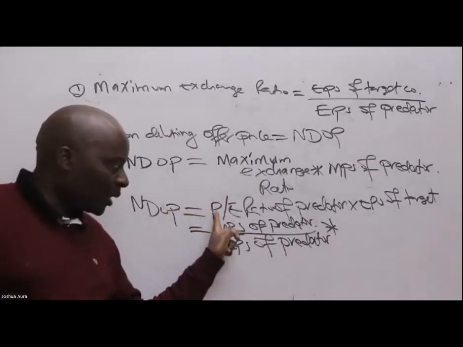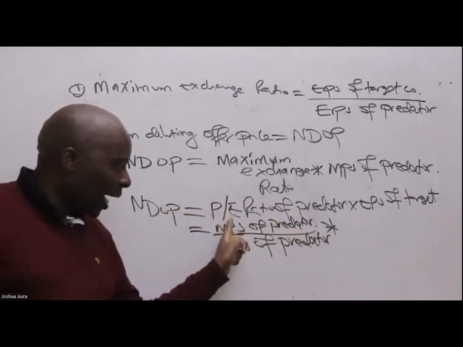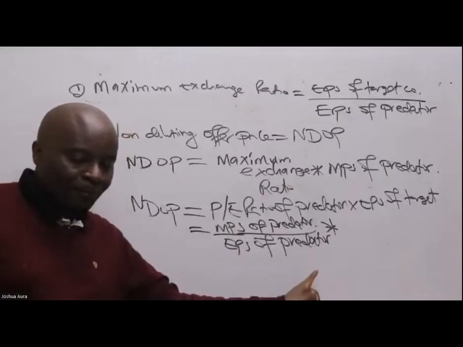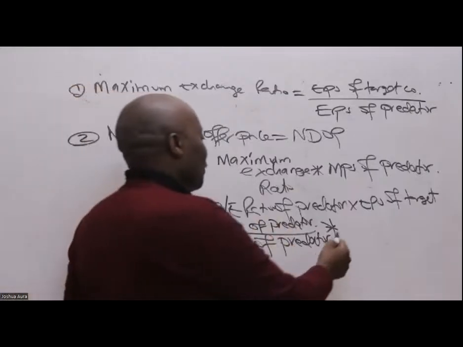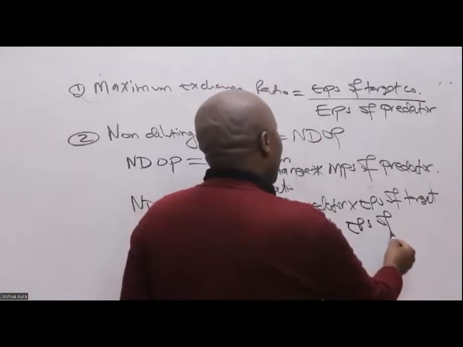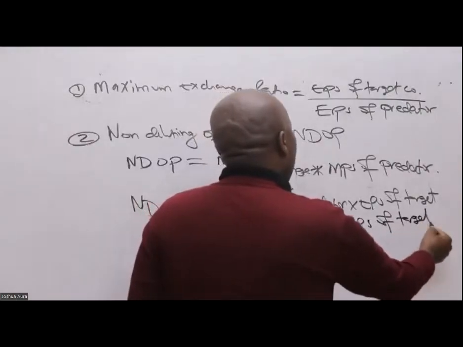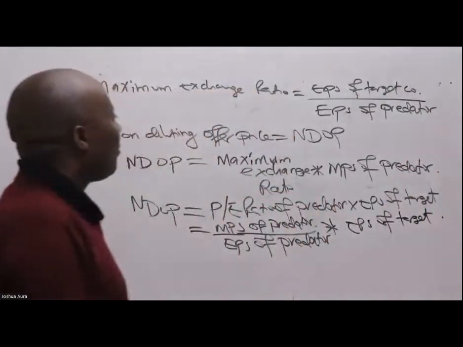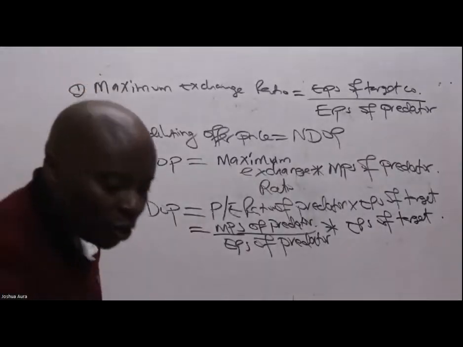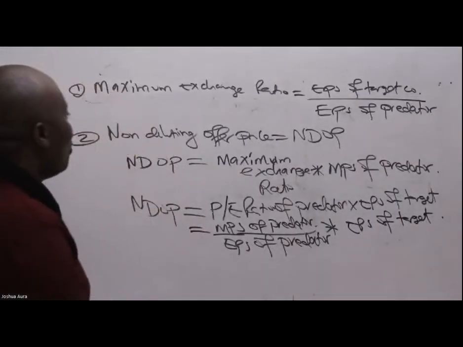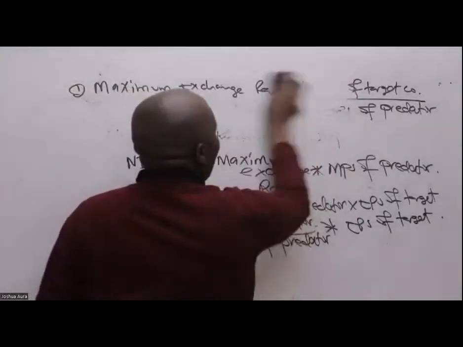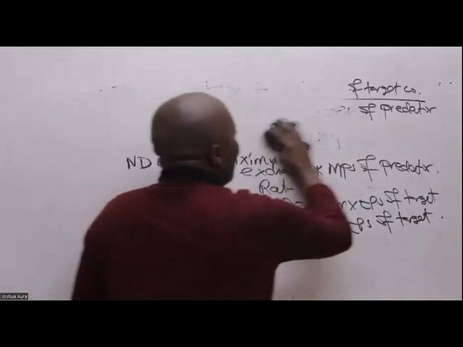So it's price of the predator, earnings of the predator, times EPS of the target company. And you remember very well what we said in our last class, you and I.